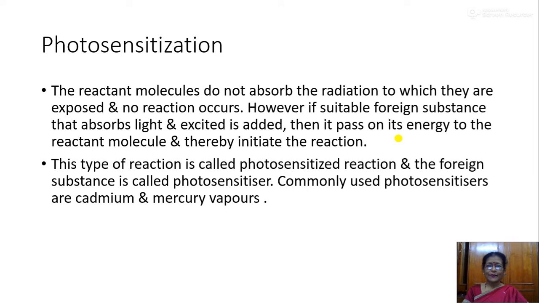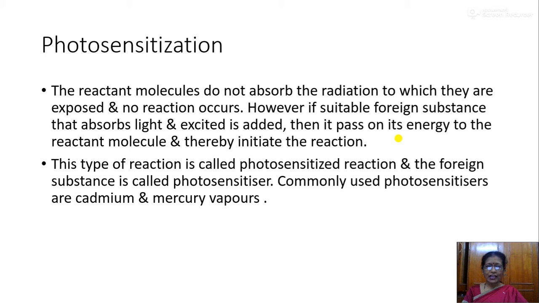That is, the foreign substance first absorbs the radiation from the light and is excited to a higher energy level. Now this substance transfers some amount of energy to the reacting molecule, thereby initiating the reaction. That is called photosensitization.